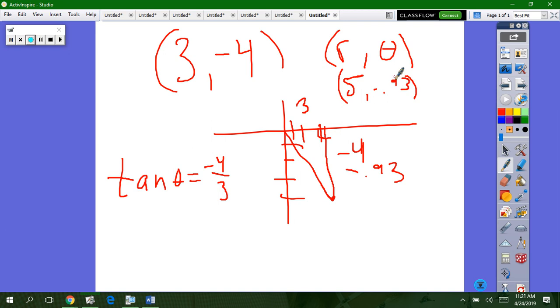But also part of your homework was asking, where is this other location at? What could I do for other locations? Well, once again, we all know what that angle is right there. If this is -0.93, how much is the whole way around? Exactly.